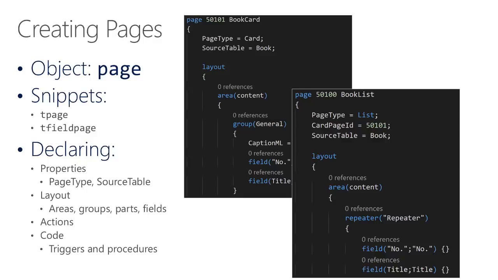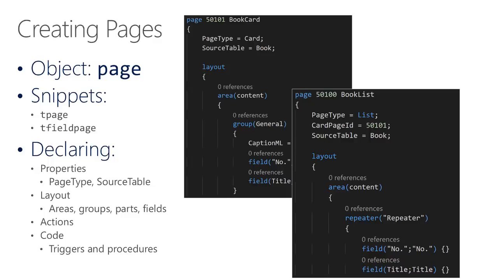You have two snippets for page creation. One is called tPage, which is for the object itself, and the other is tFieldPage, and that is for adding a field to the page. In the page object, you declare properties like page type or source table.